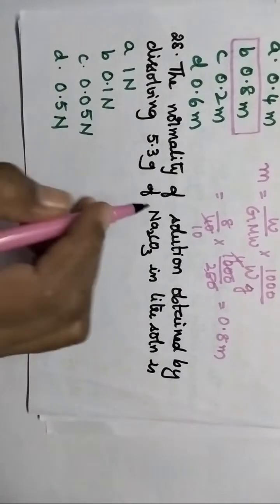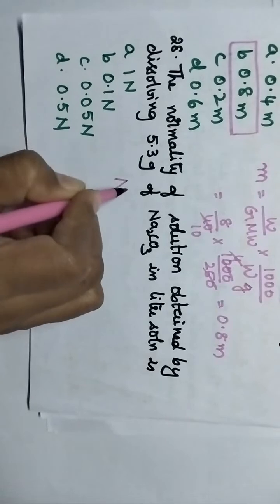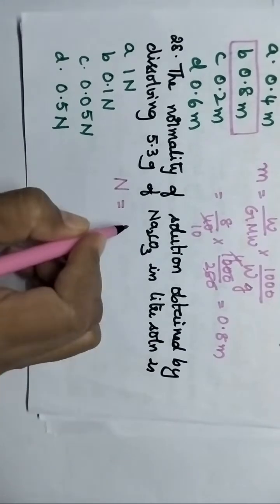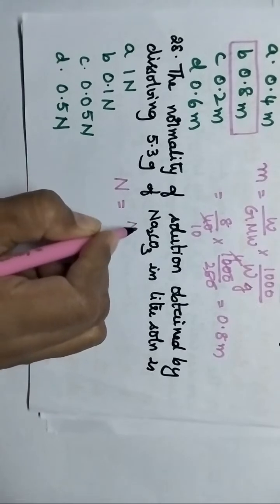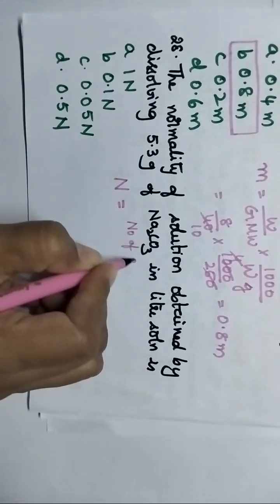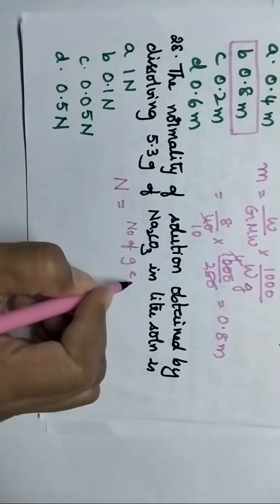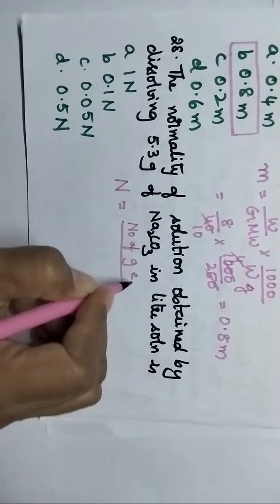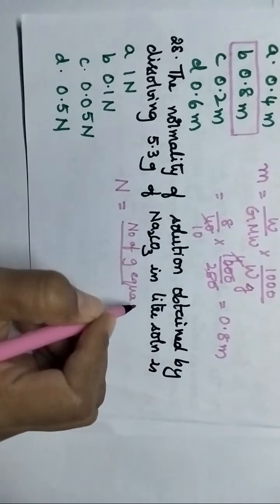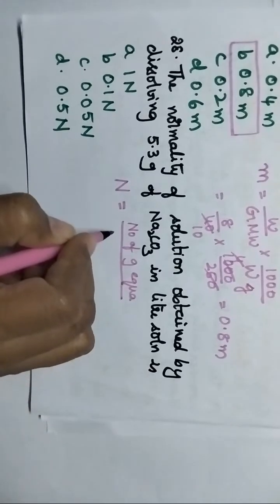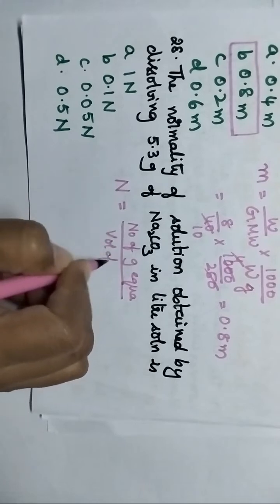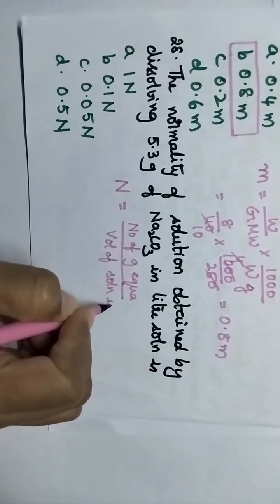Leela, Sai, very good. So anyhow, I will explain how to calculate the normality. Normality is equal to the number of gram equivalents divided by the volume of solution in liters.